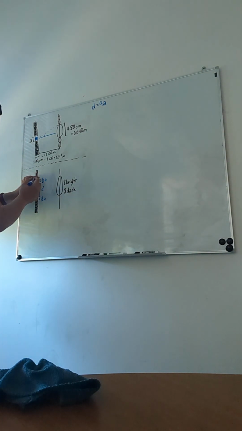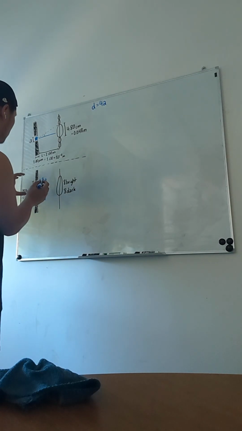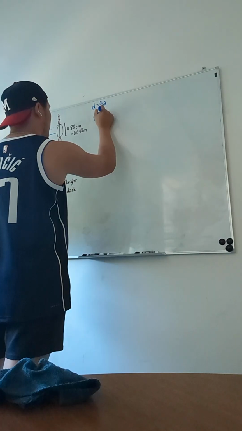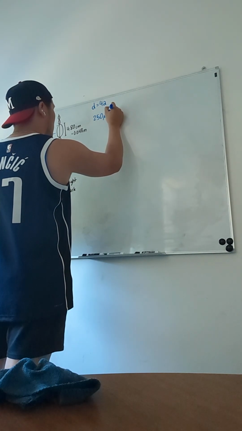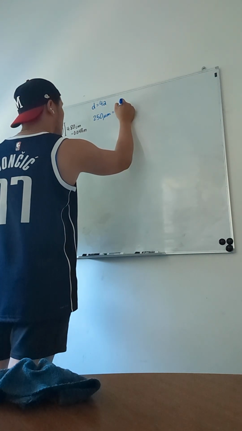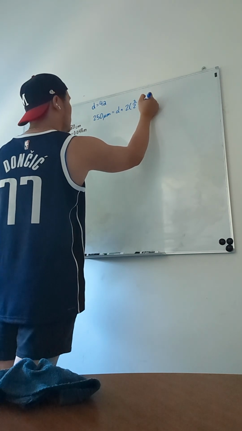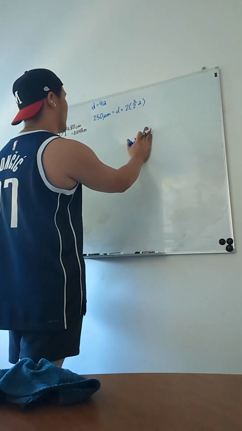And then we know this whole space is 250 micrometers. So let's do 250 micrometers is equal to D plus 2 times 1/2 A, which seems redundant, but I'm going to keep track of it anyway.